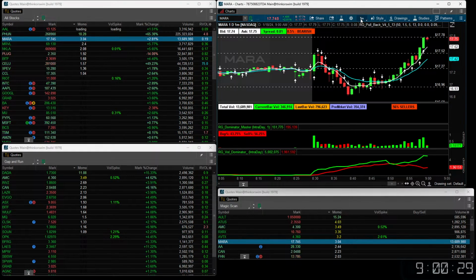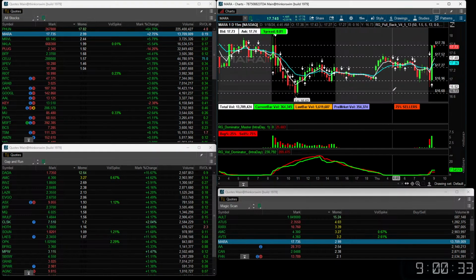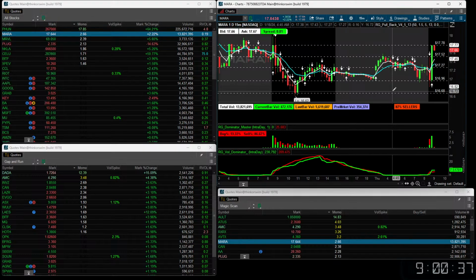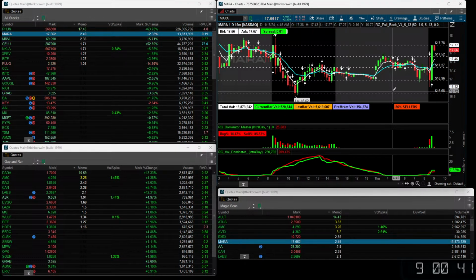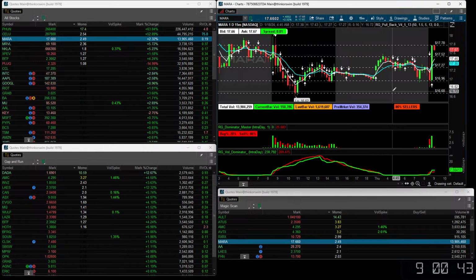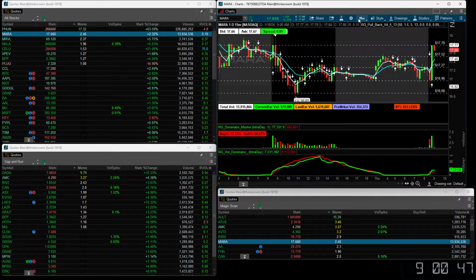Let's take a look at the 15 while we're up here. So we're at resistance right there. Let's see if we come back down and retest 1762.